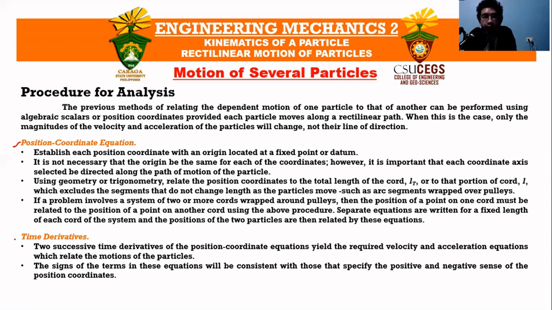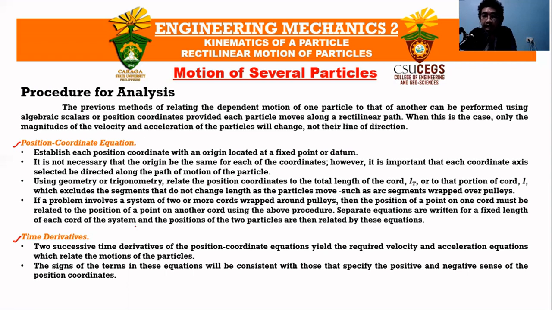After you establish the position coordinate equation, you apply time derivatives. Two successive time derivatives of the position coordinate equations yield the required velocity and acceleration equations which relate the motion of the particles, and the signs of the terms in these equations will be consistent with those that specify the positive and negative sense of the position coordinates.